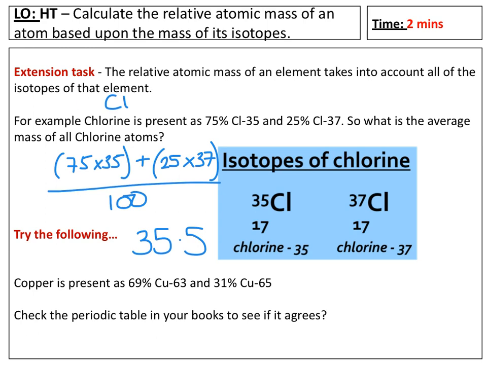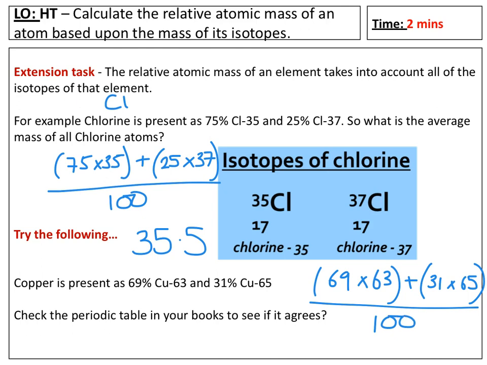Okay, right, try the next one. Copper is present 69%, copper 63. So again, we'd have to do 69 times by what it is, so 63. We're going to add 31% of copper 65, I'm running out of room, and we're going to divide all of that by 100.